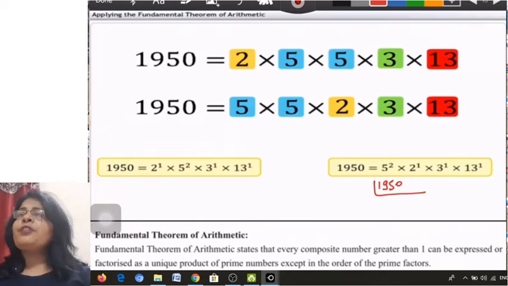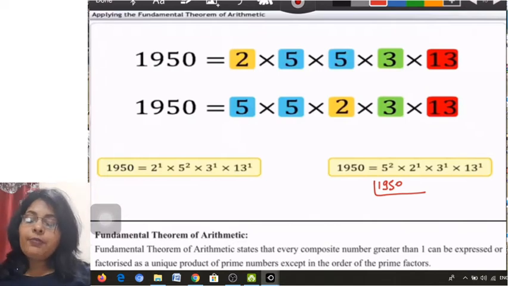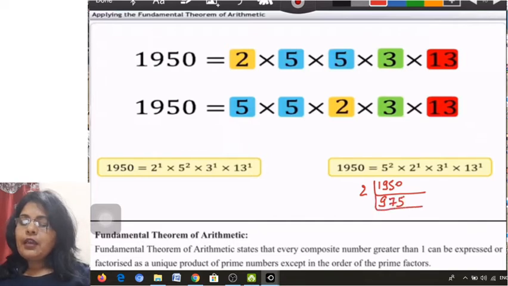If we know the divisibility rule, it will be a bit easier for us. It will be very easily divided by 2 because it has 0 at the end. So 2 9s are 18, 2 7s are 14, 2 5s are 10. And now it is not going to be divided by 2 because it has 5 in the end. The next prime number is 3.